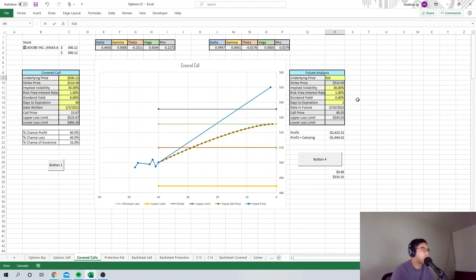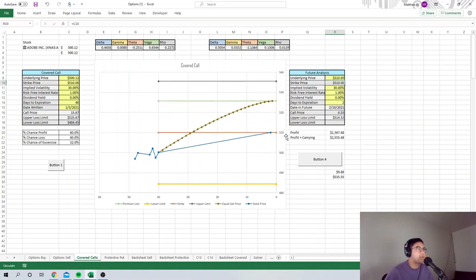So when you're doing a covered call, the best profit you can make is right here. Let me do days to expiration. I can do one, but it'll be at 0, and it's right at the strike price. That's the best for the call, because you're getting the most out of your stocks, and you're not going above the strike price.